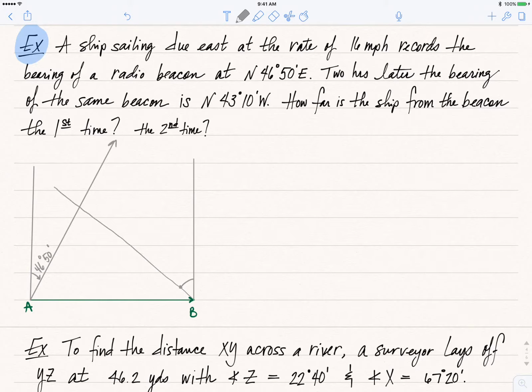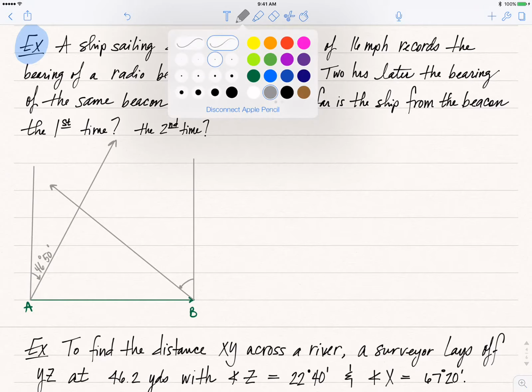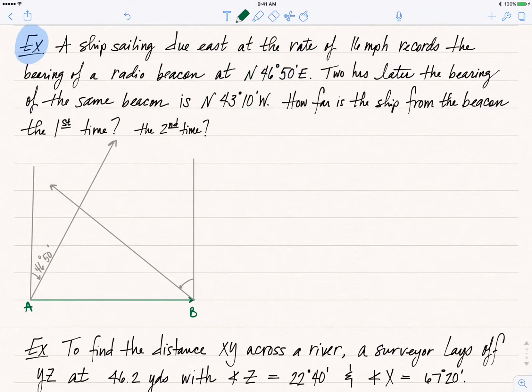So his line of sight might be something like this. Now, wherever those two cross over each other, this is where my beacon is. So we'll call it C, and C is wherever my beacon is. And that particular angle was 43 degrees, 10 minutes.